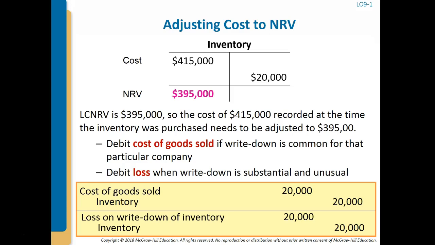The period-end adjusting entry would be one of the following, depending on whether the inventory write-down is usual, which would go into cost of goods sold, or unusual, in which case we show it as a loss on the write-down of inventory. Regardless of which entry we use, the reduced inventory amount becomes the new cost basis for subsequent reporting. If the inventory value later increases prior to its sale, we do not write it back up.